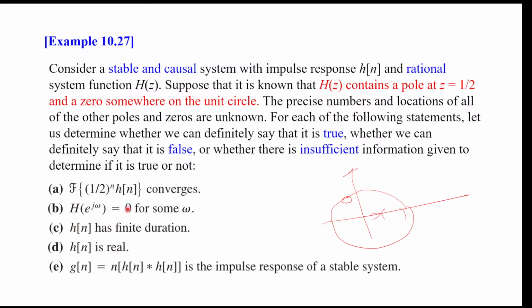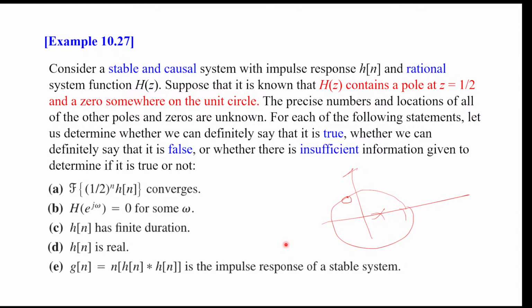And hopefully people don't see the answer for the next question: is H of e to the j omega equal to 0 for some omega? If you think it's true, raise your hand. If you think it's false, raise your hand. If you think it's insufficient information, raise your hand.